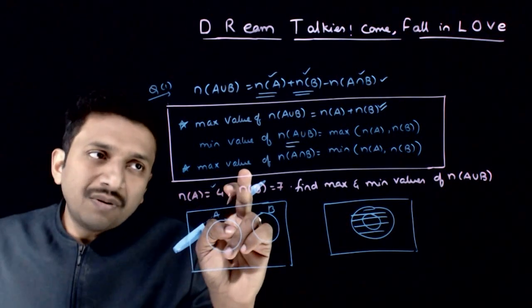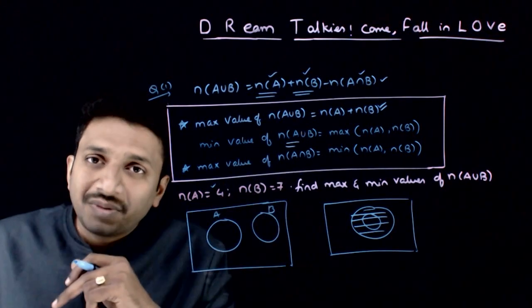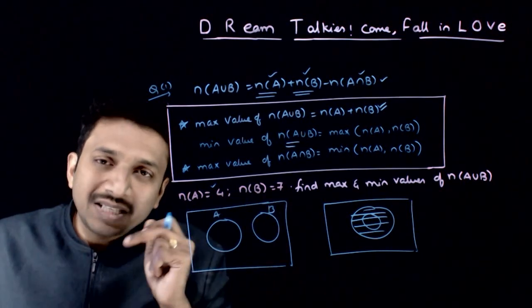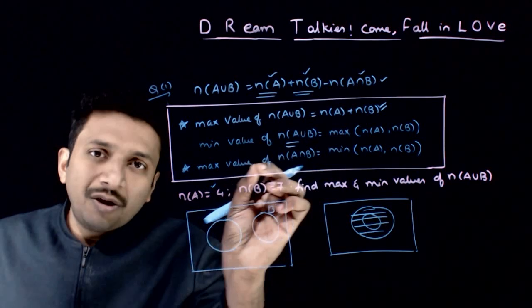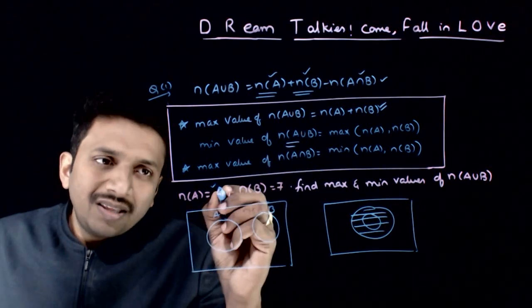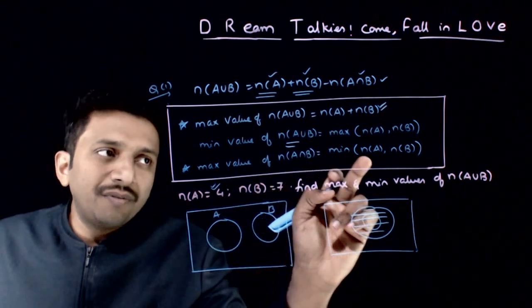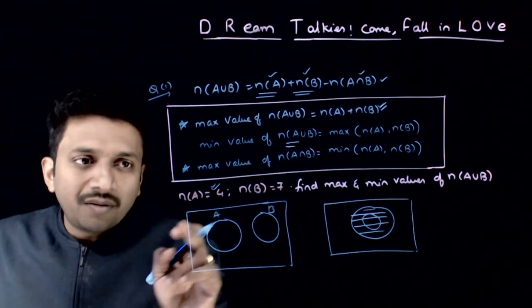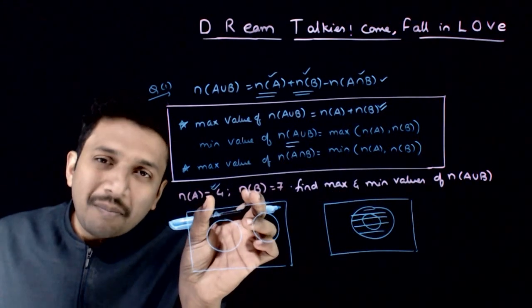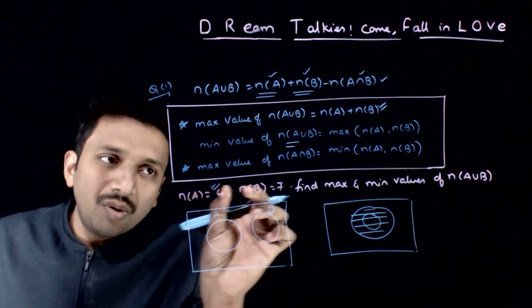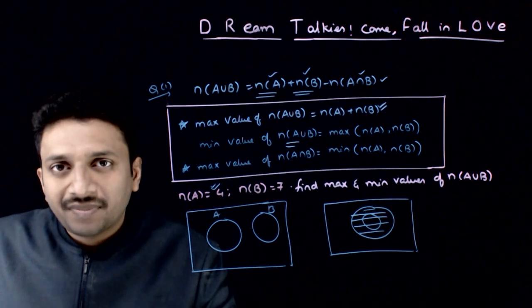Similarly, what is the maximum value of n of A intersection B? When two sets are given to you, it's nothing but the minimum of n of A and n of B. Obviously, for maximum intersection, the smaller set has to go inside the bigger set.